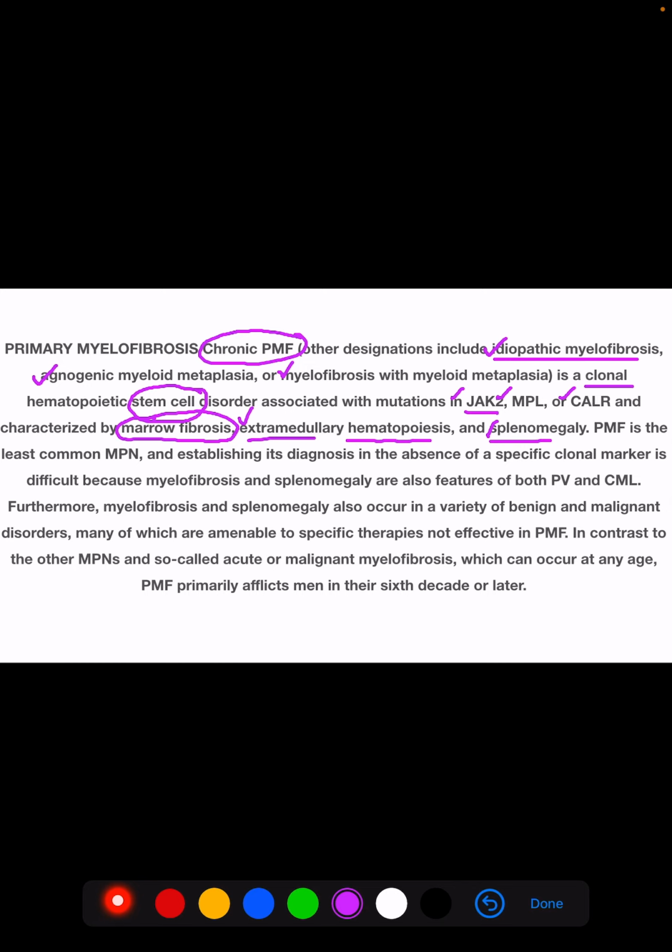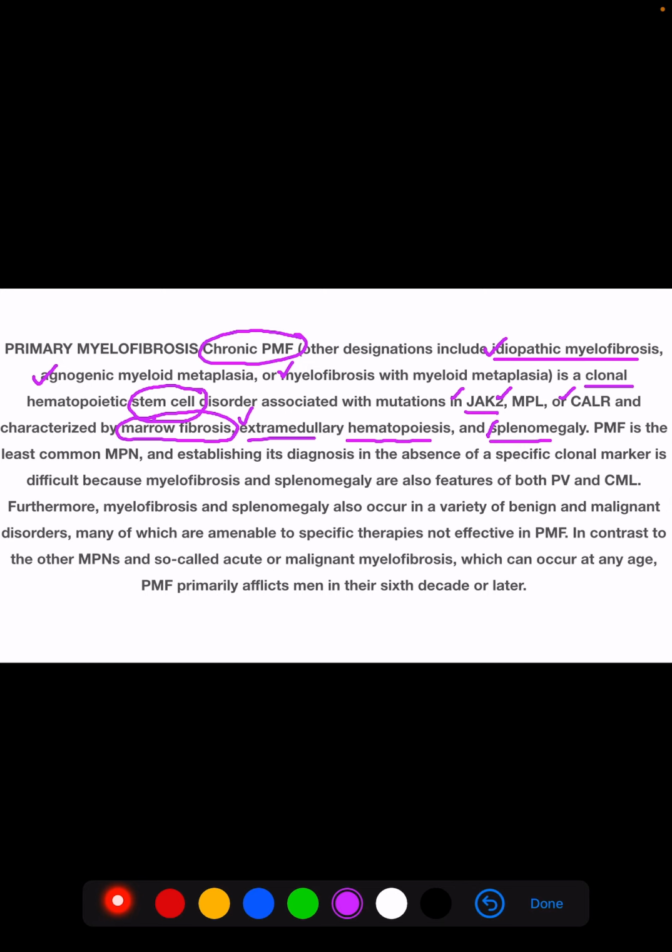Primary myelofibrosis is the least common myeloproliferative neoplasm, and establishing its diagnosis in the absence of a specific clonal marker is difficult.